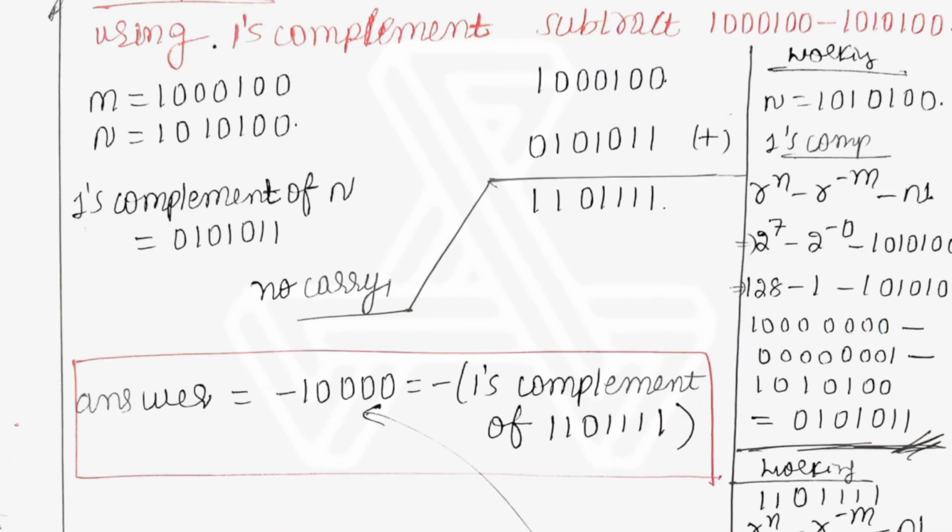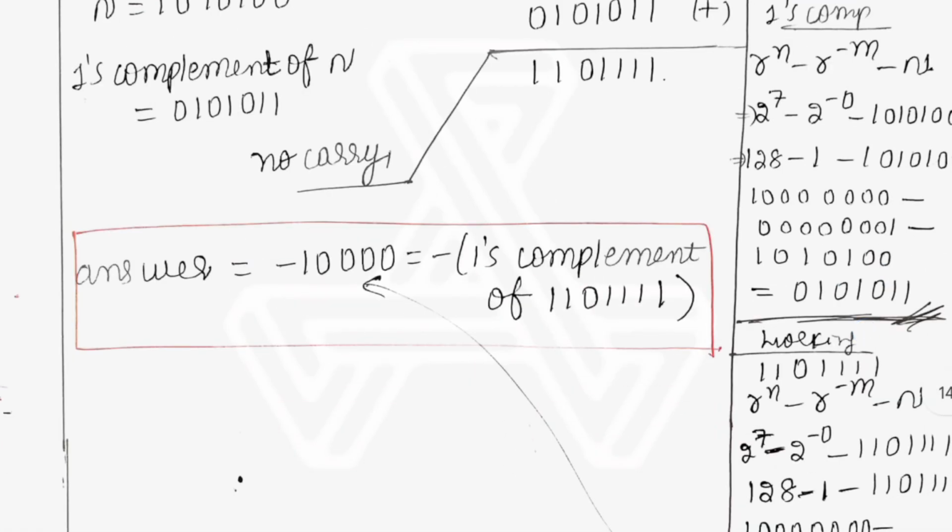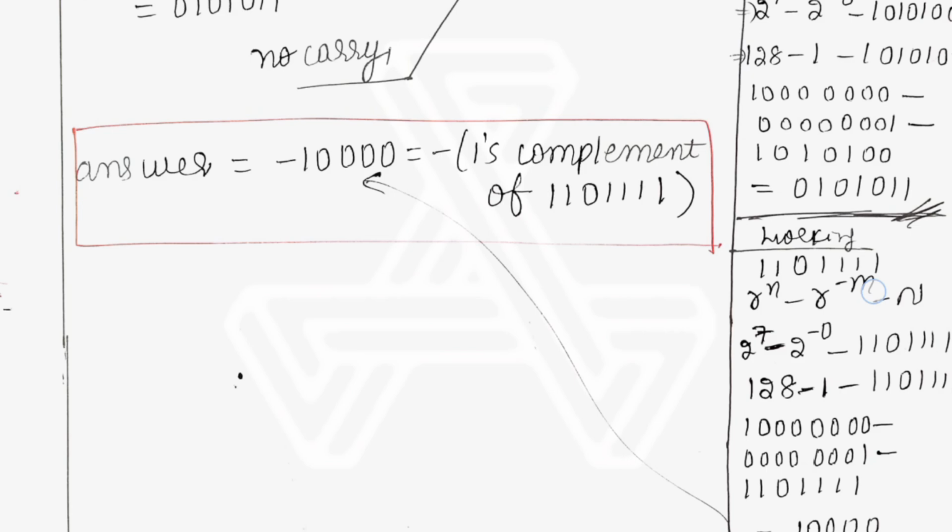If there is no carry, then we have to take the complement of it, and the answer should be in this form. Minus 1000 is the answer. The working is already provided here.